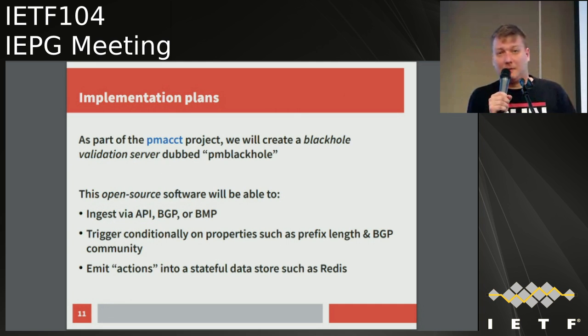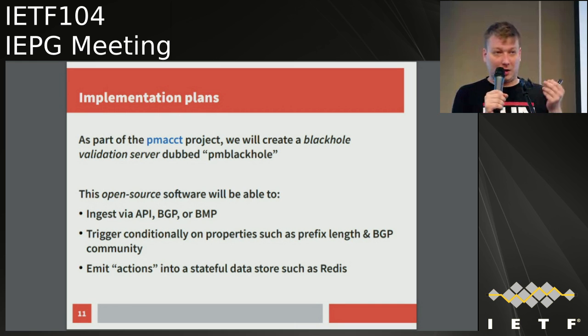Our plans at this point in time, within the pmacct project, are working on a black hole validator implementation. This will be open source software, free to use for everybody. pmacct is a very powerful toolkit that already has a lot of the moving parts, such as BMP or BGP capabilities.